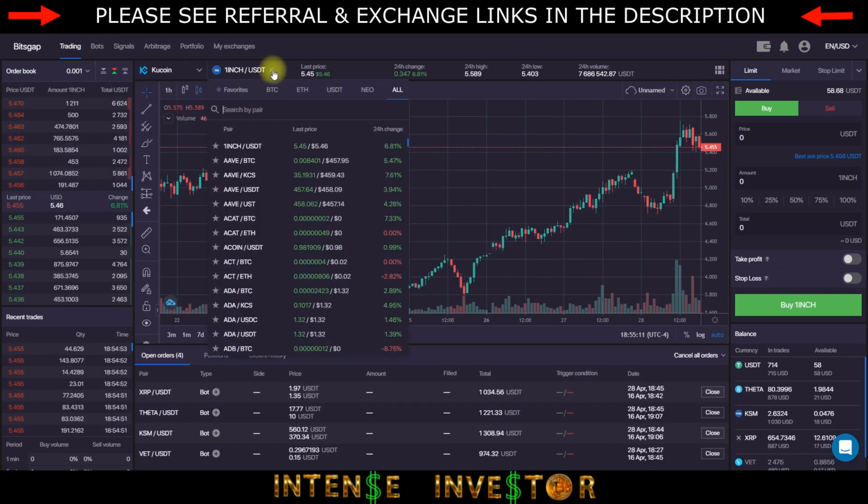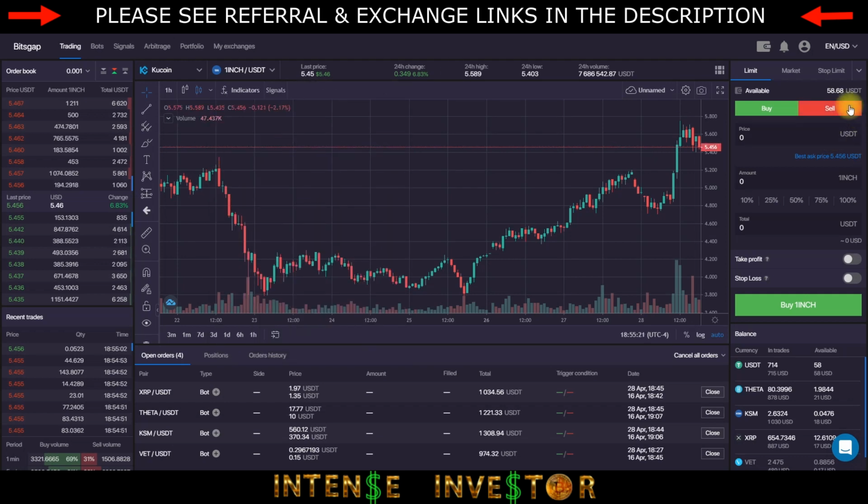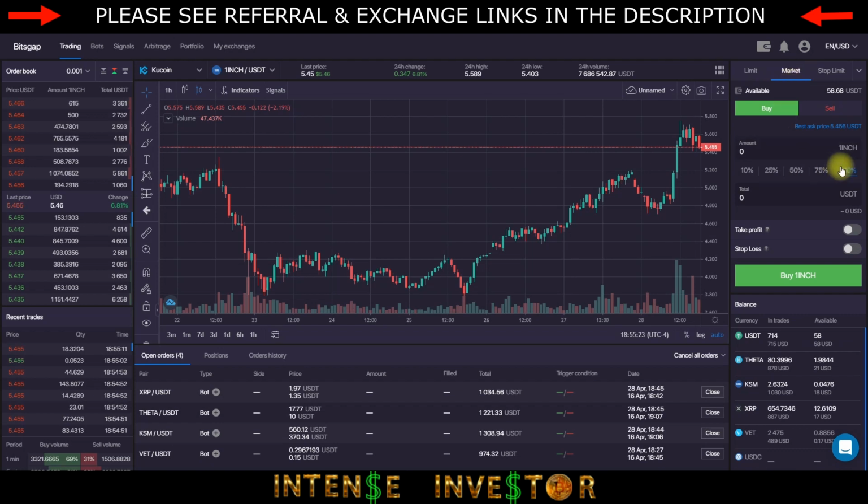And let's say I want to buy some 1 inch with USDT. So I can go over here to market. Let's see, I got $58 USDT. Let's take half of that, and I'm going to buy 1 inch.